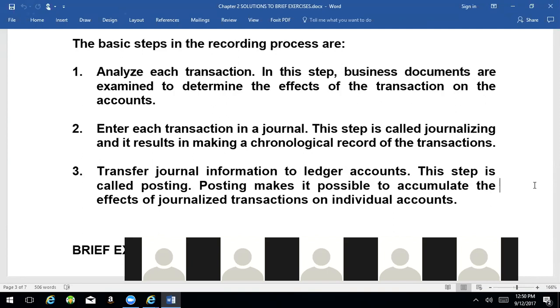I'll just give you a copy of that receipt on the test, and then what you'll have to do is determine what it is. So unlike the problems where it tells you that the owner bought $1,000 worth of office supplies, you're going to have to look at the receipt or the invoice or the purchase order and determine that that was an acquisition of an asset, supplies.